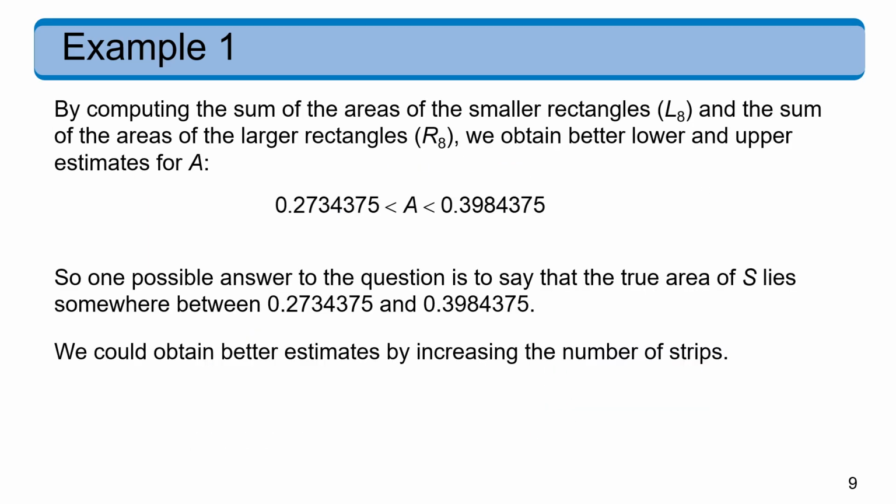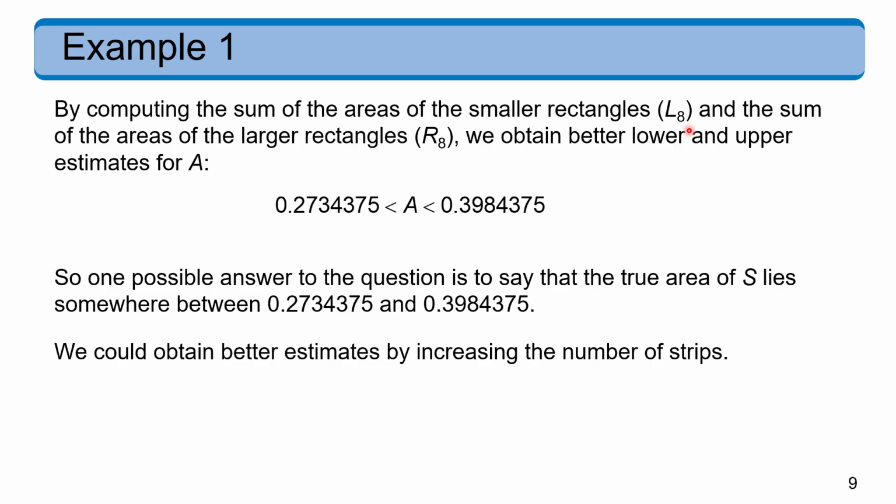Based on the pictures we just sketched, we can calculate 2 more estimates. One of them we would call L8. That's the version on the left where we use the left endpoints to determine the height of each rectangle, and the 8 indicates we used 8 rectangles total. This time the width of each rectangle would be 1/8 instead of 1/4.